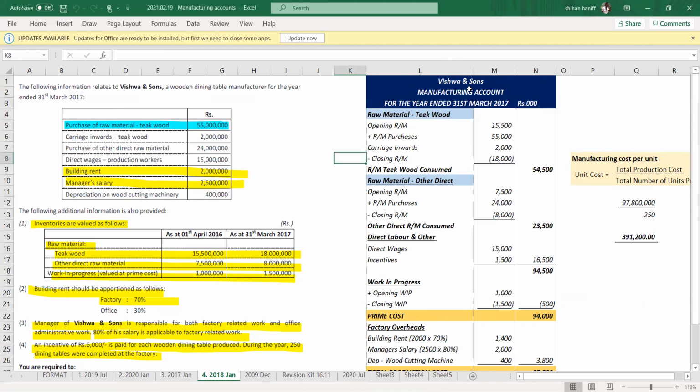So before I move on to the main questions, I would like to do some MCQ questions.